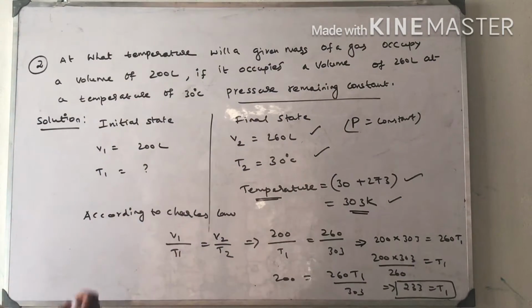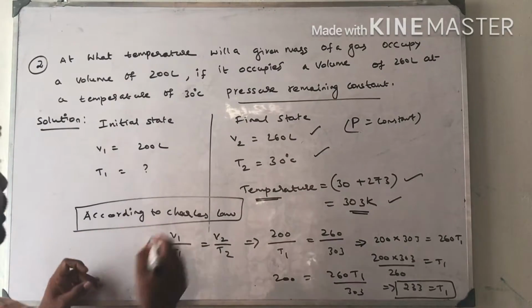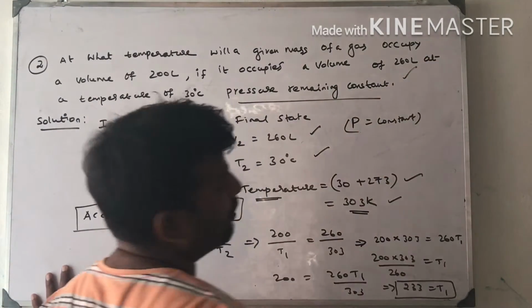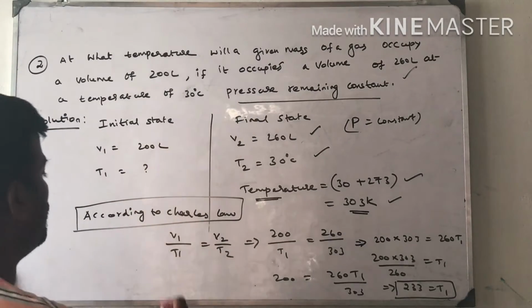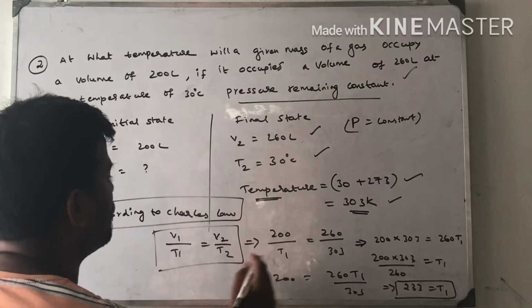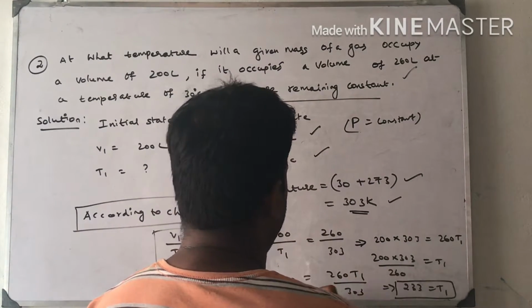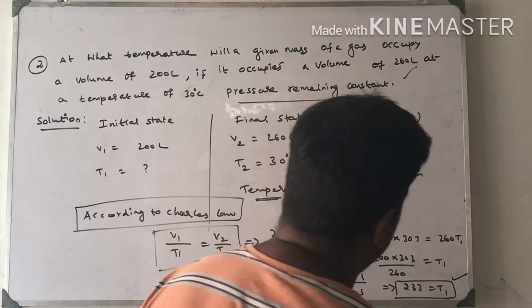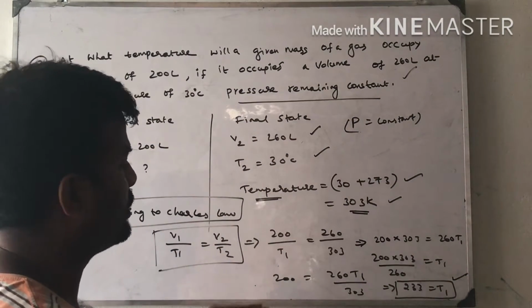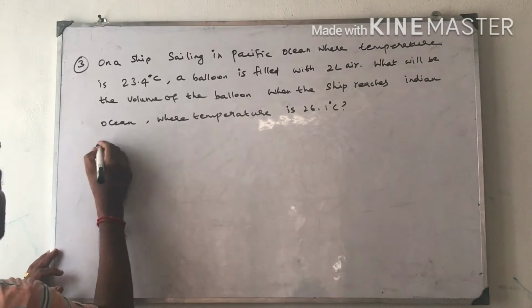These are the items given. Then we apply Charles law, because the reaction takes place at constant pressure. So V1 by T1 is equal to V2 by T2. Substitute the values given in the question, then simplify it. We will get 233 Kelvin. This is the answer.